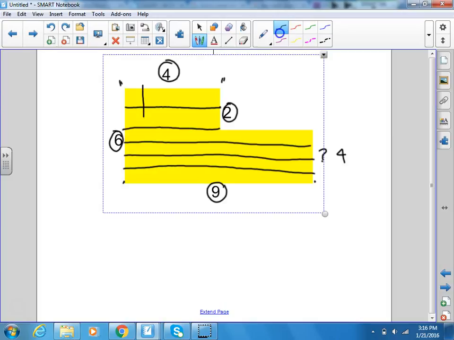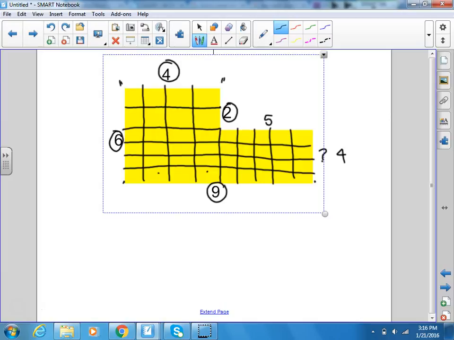So let's draw that: 1, 2, 3, 4. What's left to be drawn is 5, so we have 1, 2, 3, 4, 5. Now this missing side here is 5.